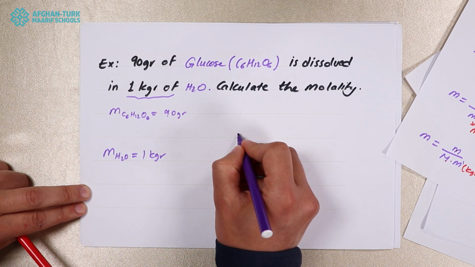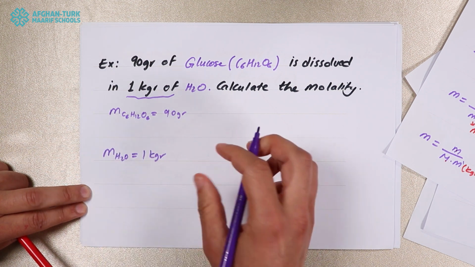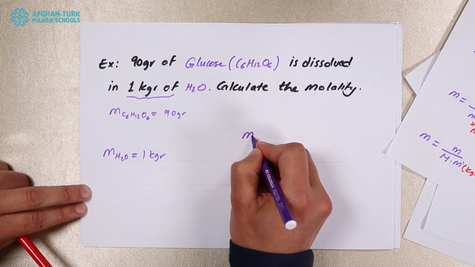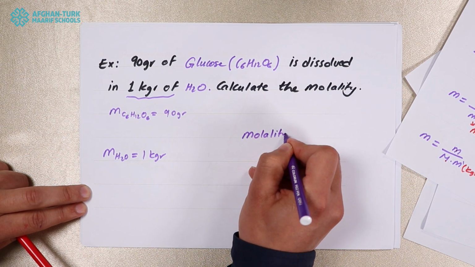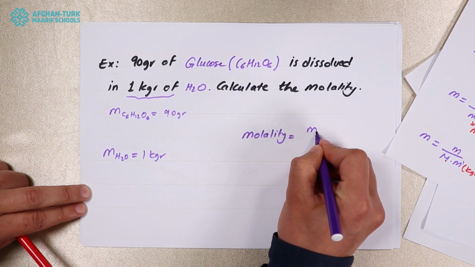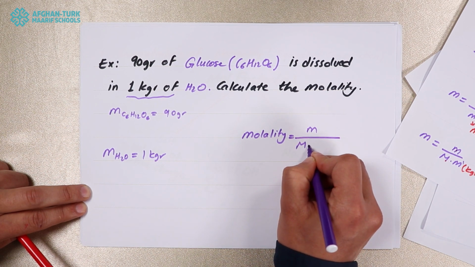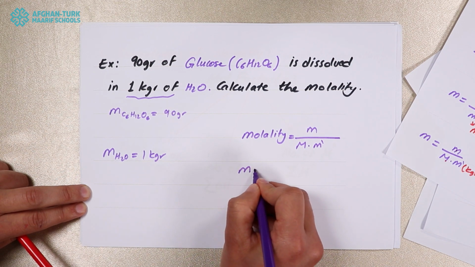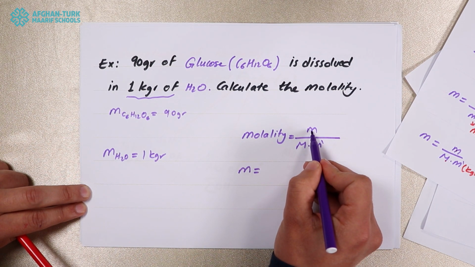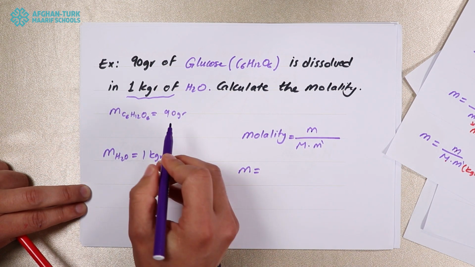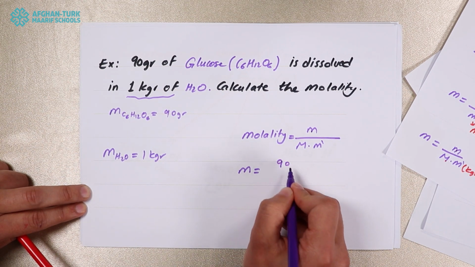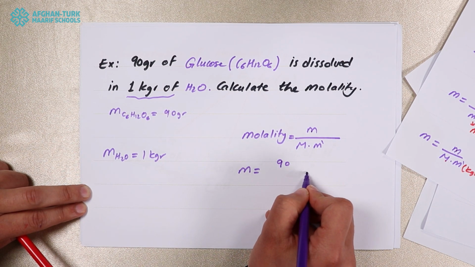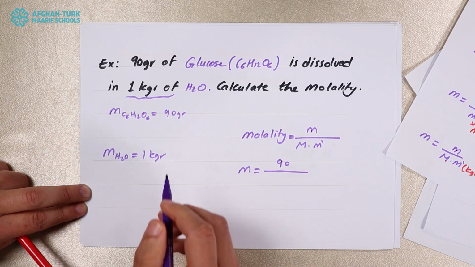You should recognize which formula to use. From the second one, molality is equal to mass of solute divided by molar mass times m prime, which is the mass of solvent. What is the mass of solute? It is 90 grams. What is the molar mass of glucose?